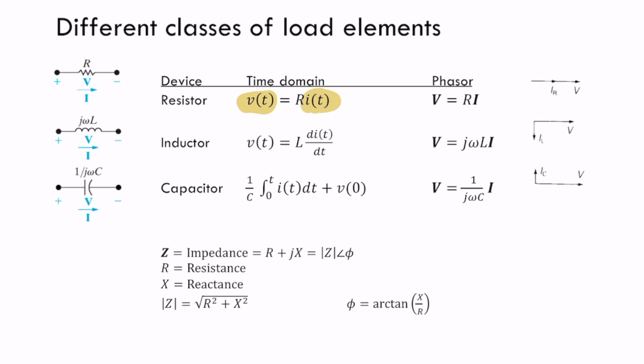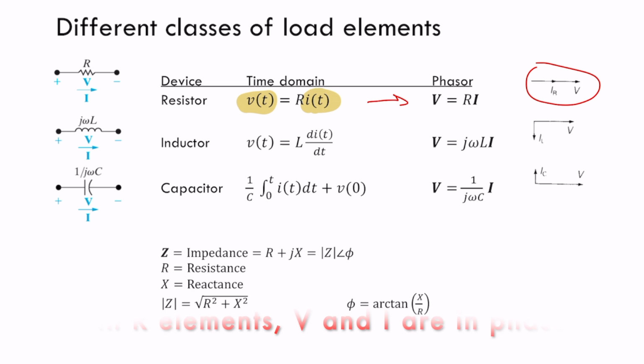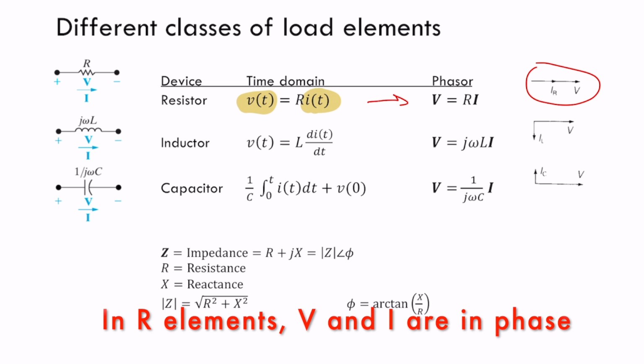This is mainly Ohm's law, but in time domain, changing along time. This can be transformed into the complex or frequency domain using those phasors that I just mentioned to you. If we see those phasors as vectors, those two vectors are aligned. So for resistive elements, or resistors, the current and the voltage are in phase.